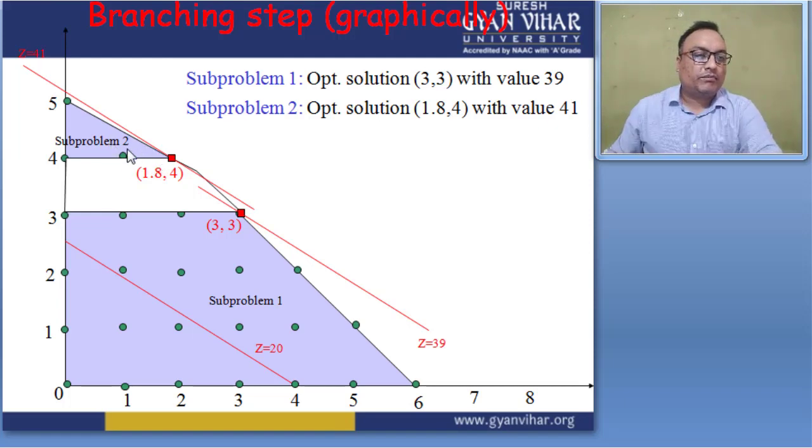And for subproblem 2, the optimal solution for this point is 1.8 comma 4, and it gives the value of 41.